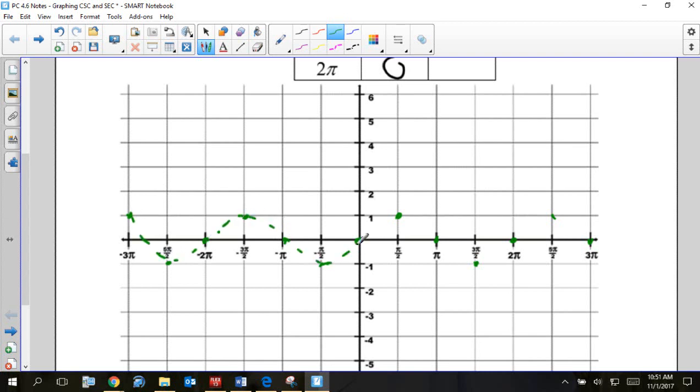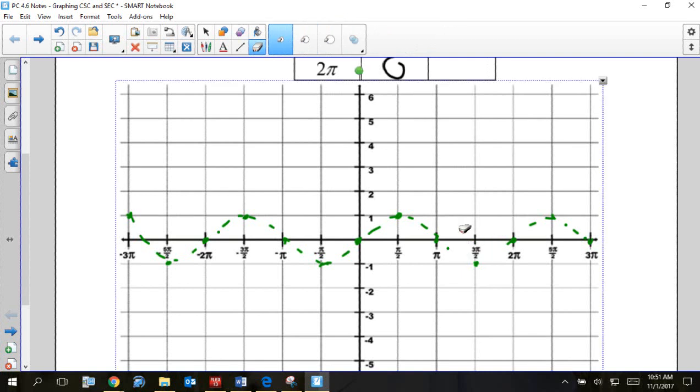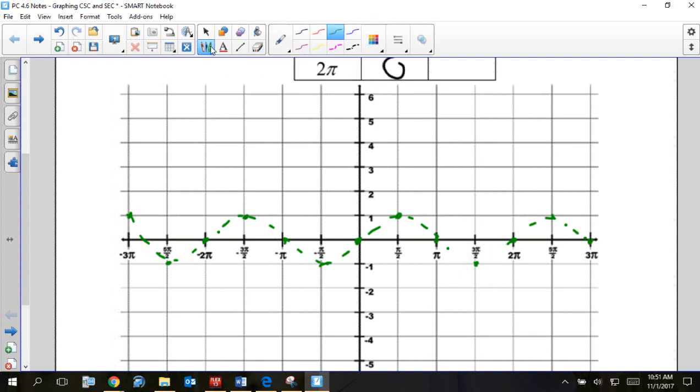And hopefully we are somewhat familiar by now with the shape of sine. Fingers crossed. Your sine graph doesn't have to be absolutely perfect because it's not really a graph for graphing. It's just going to aid us in finding cosecant.